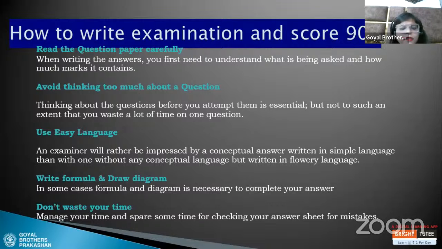In economics, we have a few graphs, so if anything requires drawing graphs, you can definitely draw them. Don't waste your time. You definitely need to spare some time for checking your answer sheet for mistakes. So I expect you to wind up your exam early. Let's say if you have 2 hours, then you should wind up your exam in 80 to 100 minutes, so that you have somewhere around 20 minutes at the max or at the minimum to revise.